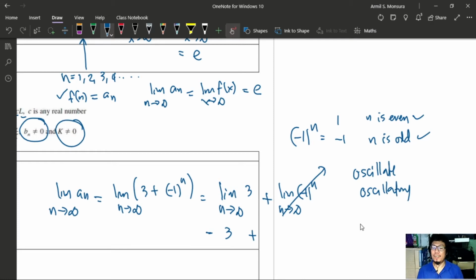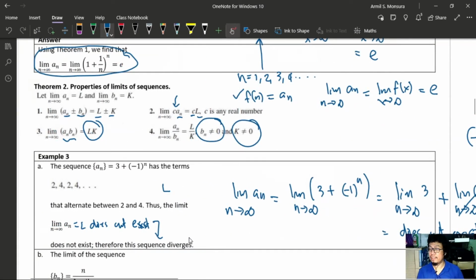So in that case, if your sequence tends to be oscillatory, its limit would not exist. We simply cannot perform this operation. That is why we will say that this limit does not exist, and therefore our conclusion is that your sequence would diverge.